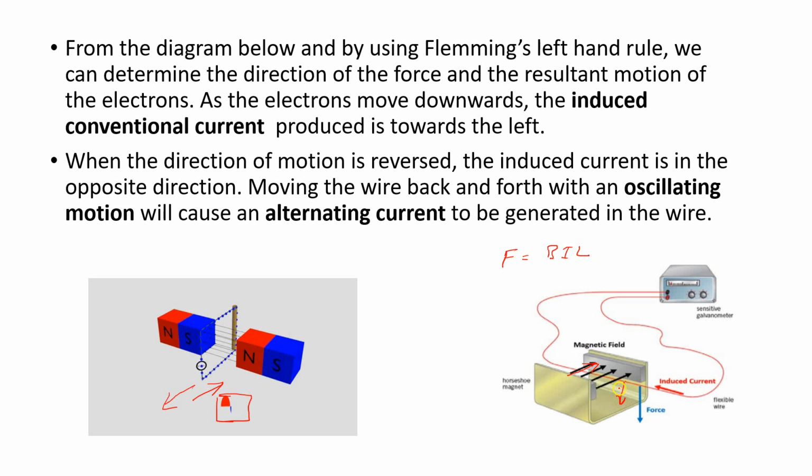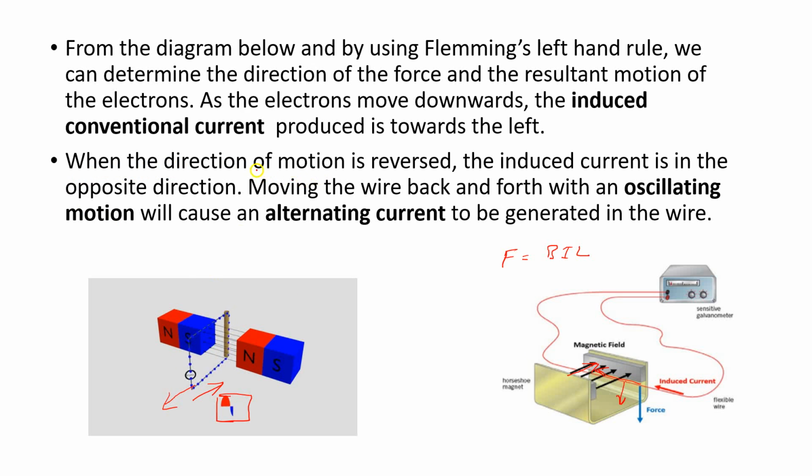If we look back at a particular diagram, then you would see that, generally speaking, when you have electrons in the conductor here, the magnetic force would cause those electrons to be pushed downwards, causing the wire to be pushed downwards, and of course, you would see that this is the direction through which the current would flow, right?